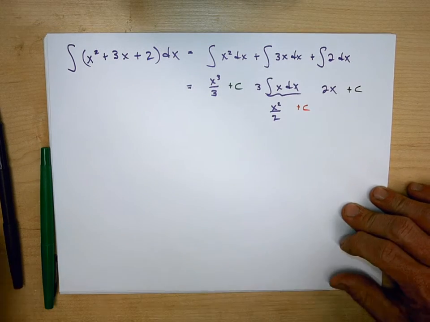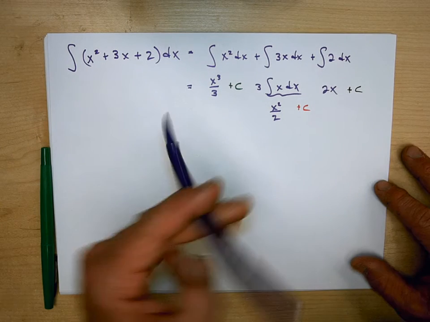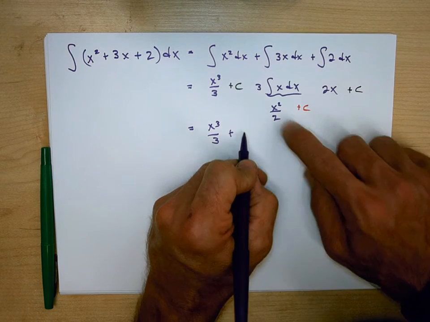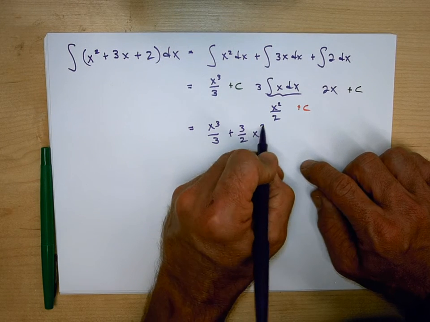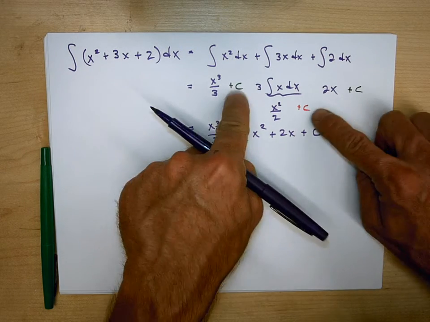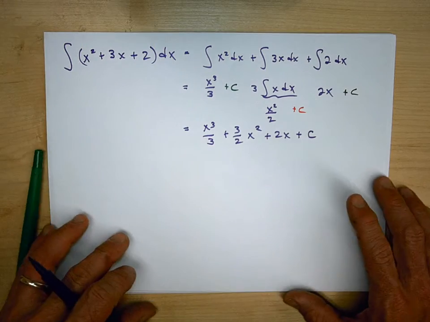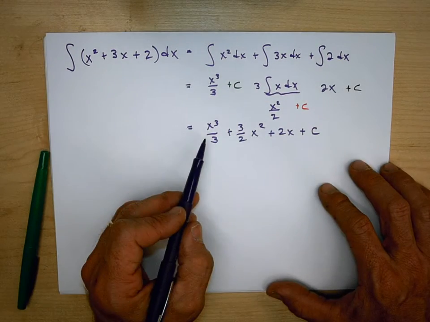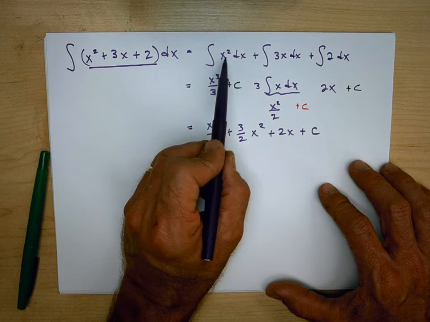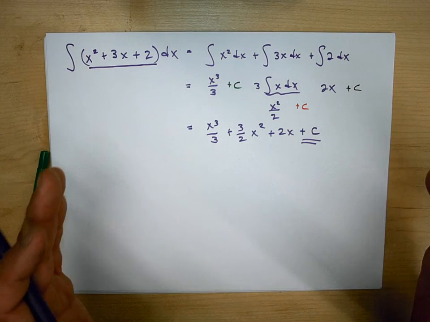But it doesn't really matter because each of these c's can be anything, so we could just as well write our answer as x cubed over 3 plus, and once I simplify this, I'm going to have 3 halves x squared, and then plus 2x plus c. Since these can be anything, we can combine them into 1, which also can be anything. So a takeaway from this example is that if I have something like a polynomial or any kind of combination of functions, I can just find the antiderivative of each of them separately, and just add on 1 plus c to the whole function.